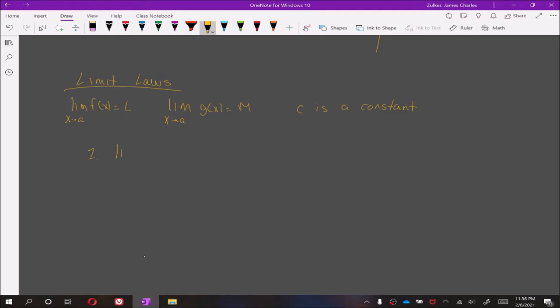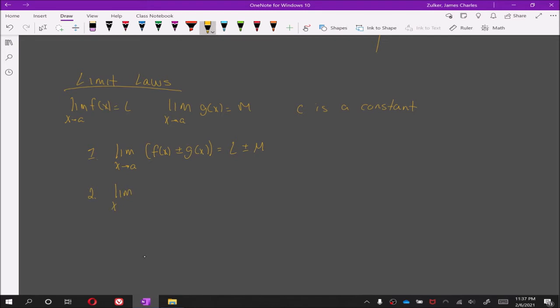Then here are the laws. Limit as x approaches a of f of x plus or minus g of x is L plus or minus M. So the limit of a sum or difference is the sum or difference of the limits.